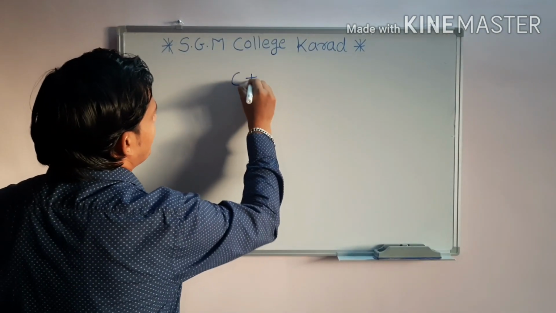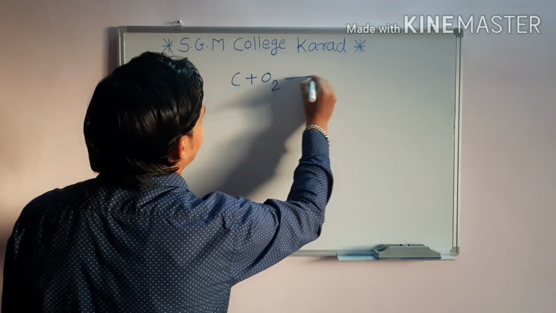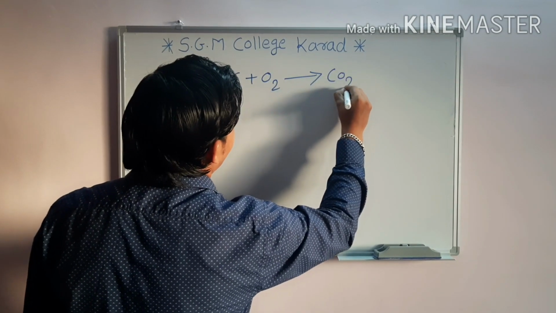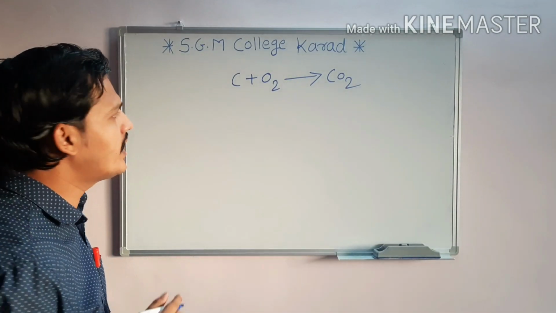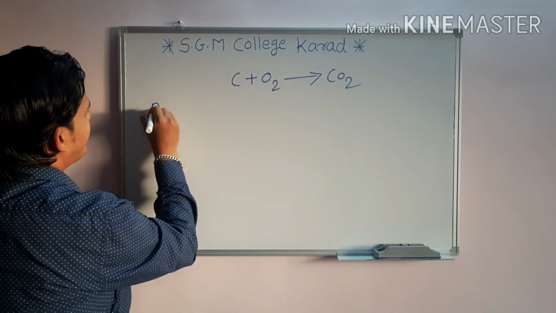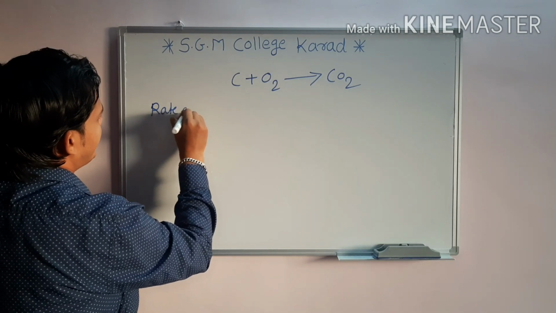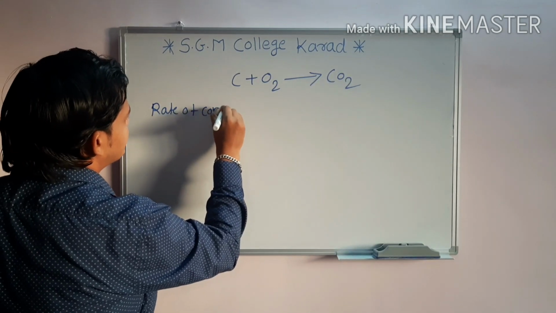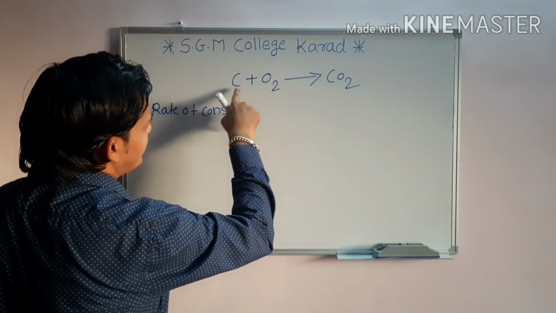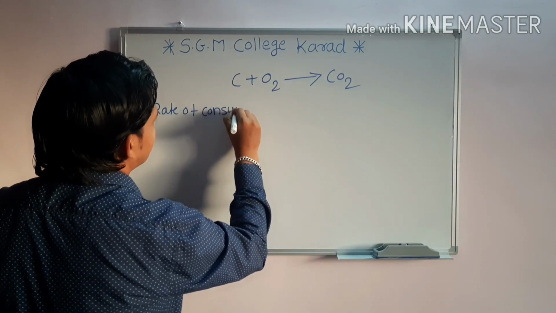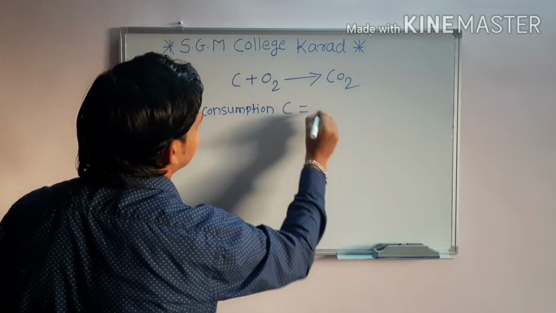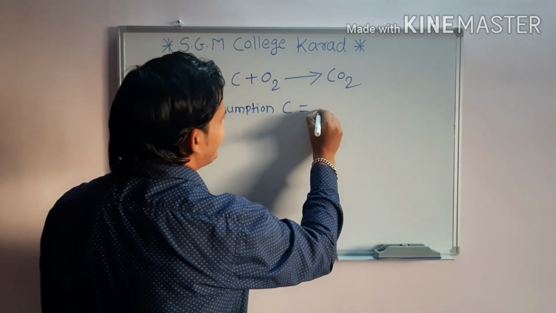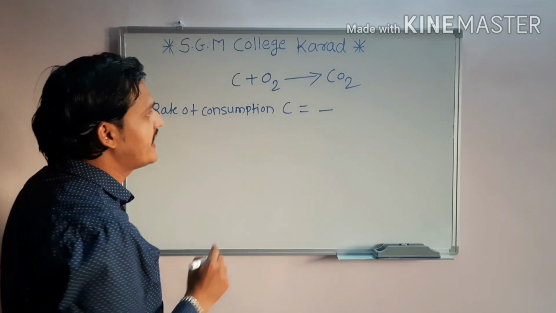Let us say C plus O2 gives CO2. Then you have to write the rate of consumption of reactant. Here are the two reactants, that is carbon and oxygen. Rate of consumption of reactant carbon is equal to minus del in bracket C divided by del T, because the negative sign is added to the reactant side.